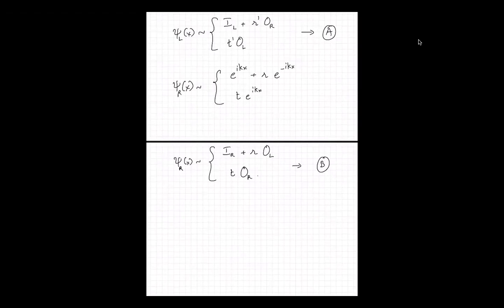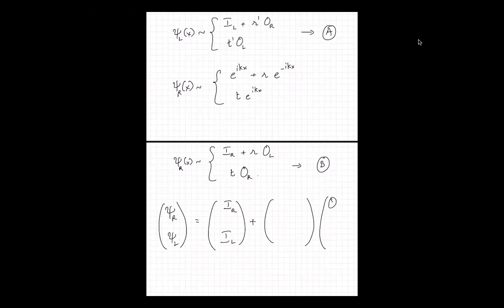So this invites us to use a matrix notation. I can write down a column vector psi r, psi l equals a matrix times IR and IL, plus something times OR and OL.